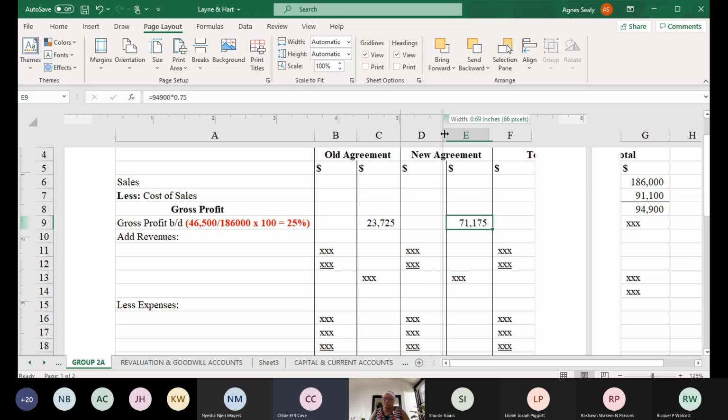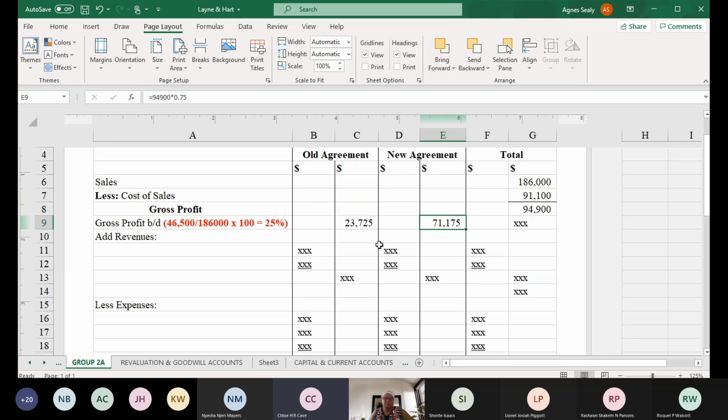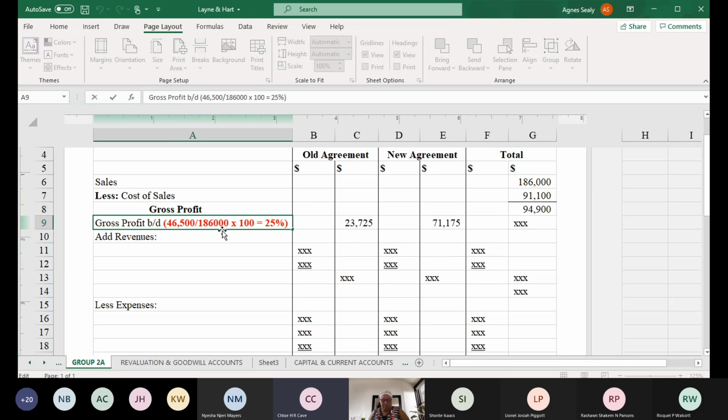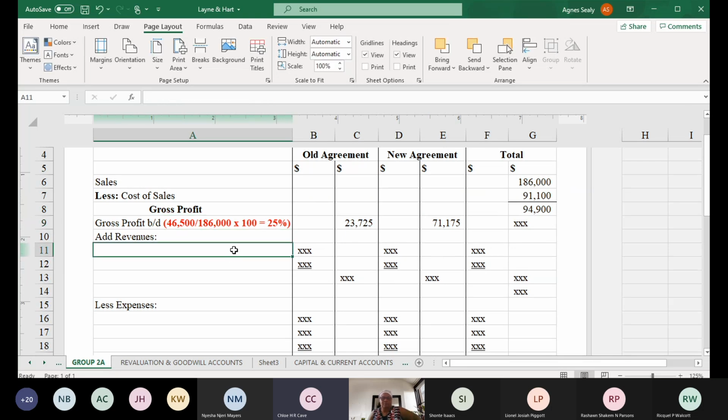Let's say for instance I take out that 46,500 and then minus the 91,100. Whatever I get will be my total. So repeat again. You are saying you see 186,000 minus the 46,500, which is the 25%, that would be the 75%.